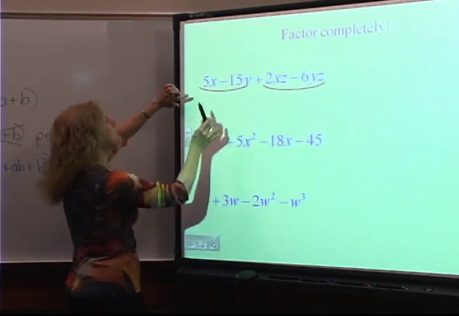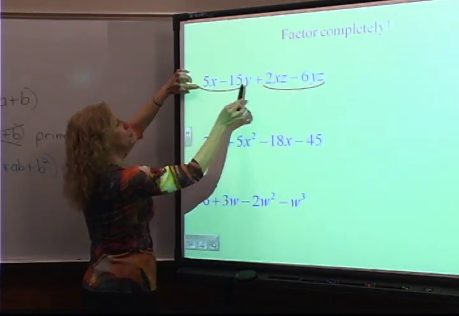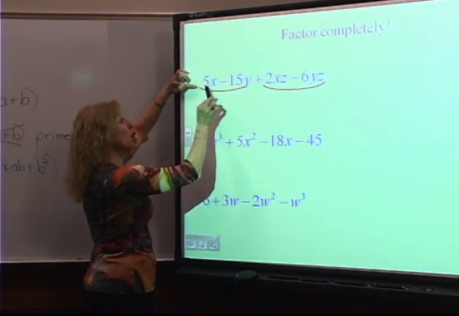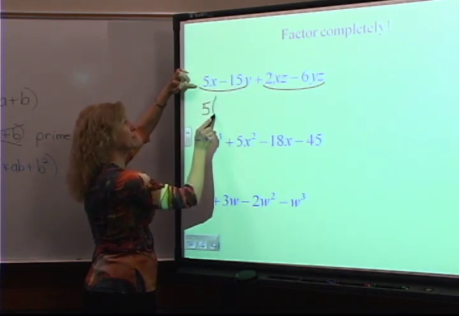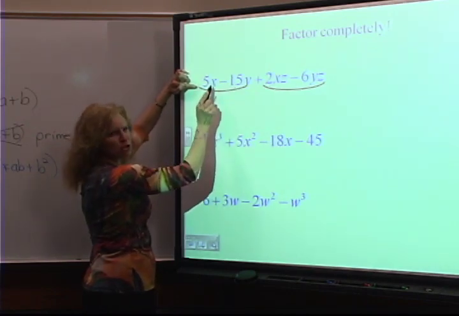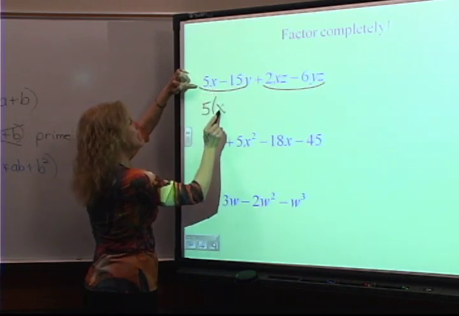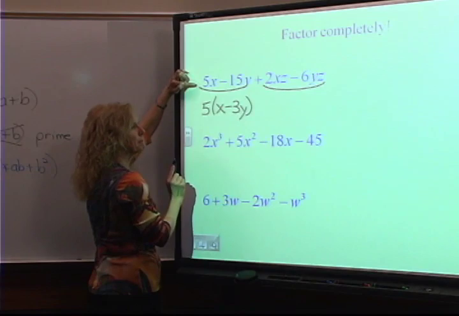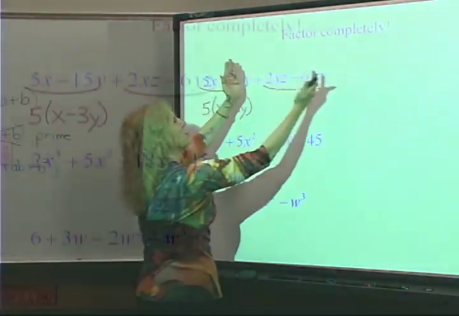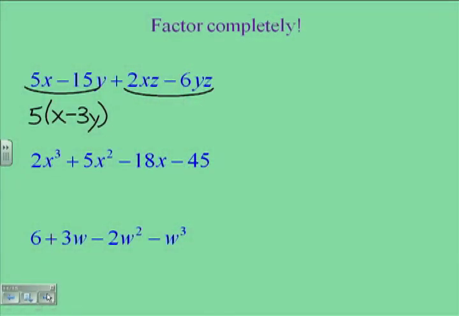And then what I want you to do is, looking at these 2, what's your greatest common factor? That'd be a 5. And when you factor 5 out of just these 2 terms, you get x minus 3y. Okay? Now, ignore those 2 and just look at these last 2.